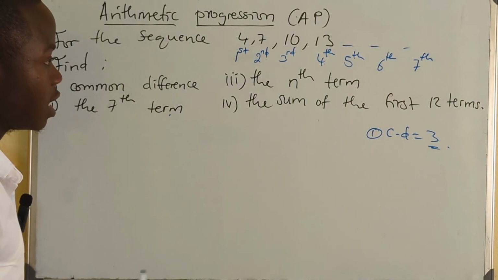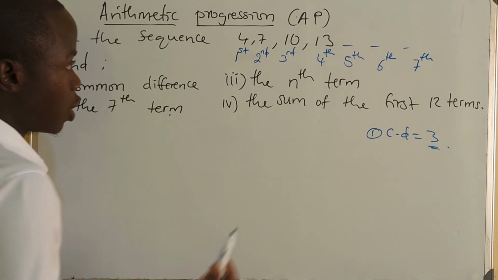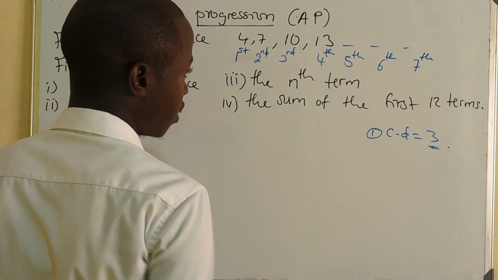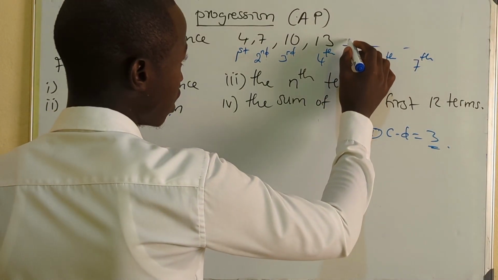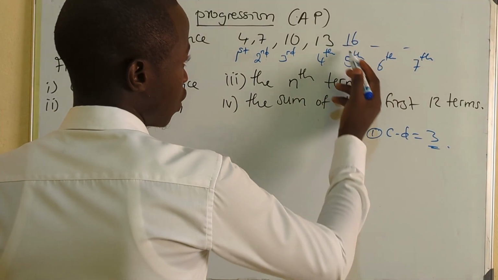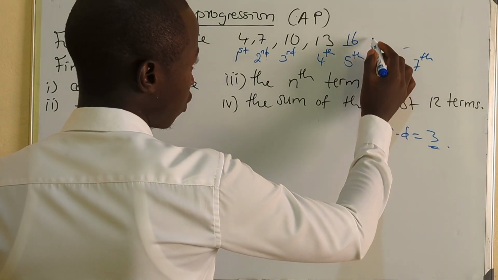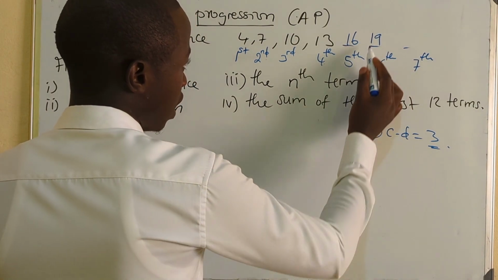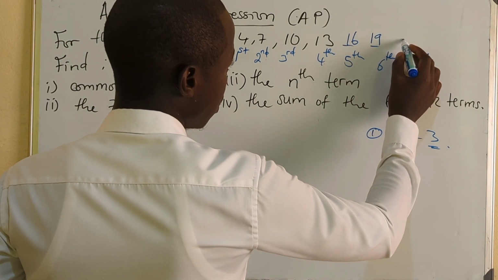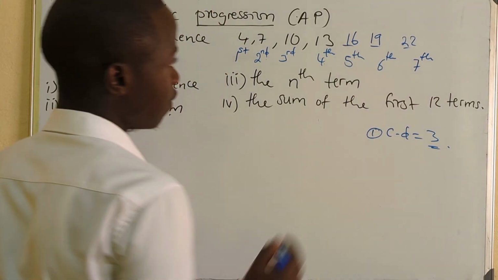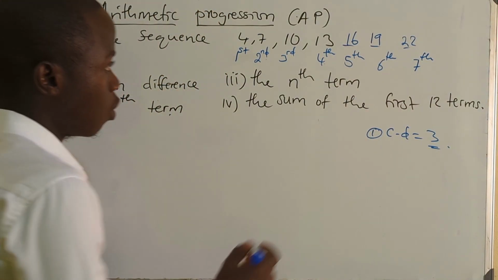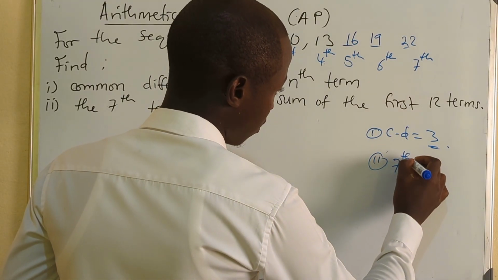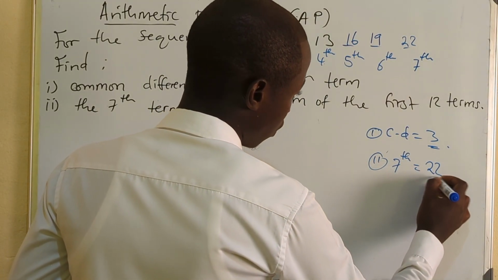As I said, we are adding 3 to the previous term. The previous term is 13. So 13 plus 3 is 16. 16 plus 3 is 19. 19 plus 3 is 22. So the 7th term is 22. So Roman numeral 2, 7th term is equal to 22.